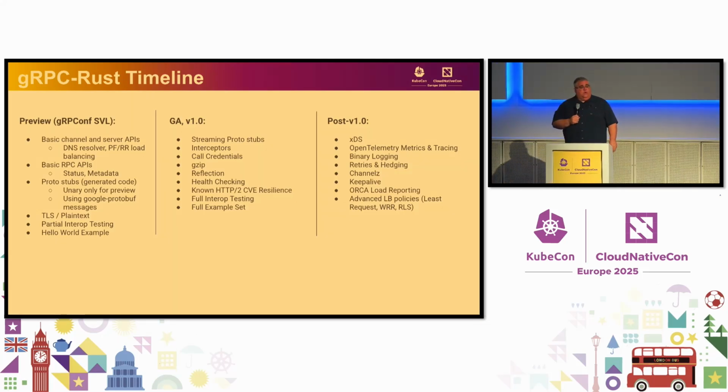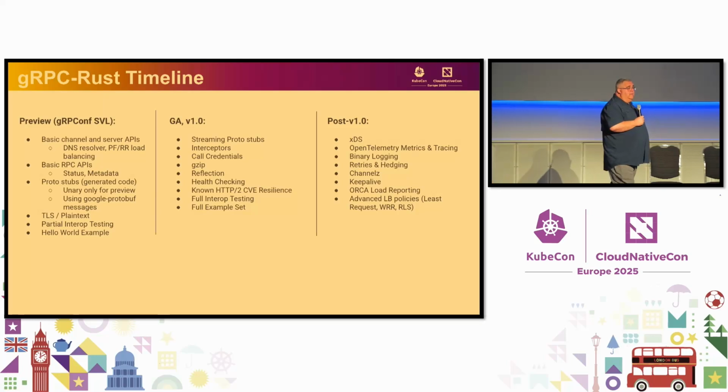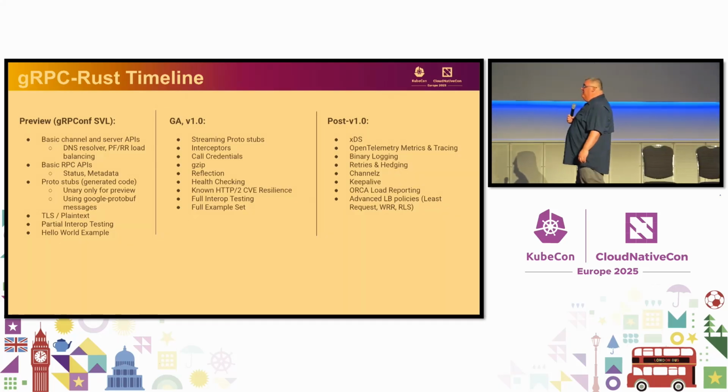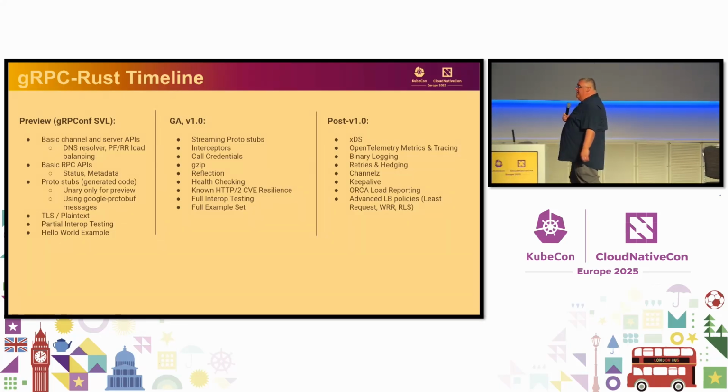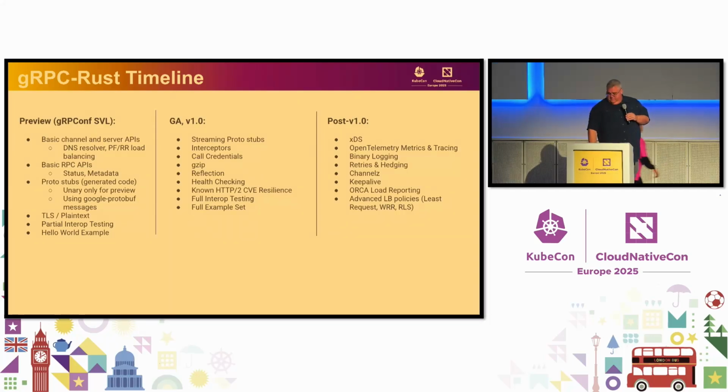And one of the things that we're hoping to do is at gRPC Conf, which is later in the year in August, we are hoping to release a preview release with a bunch of the features that you can see there. And so this will be sort of a pre-alpha preview, and hopefully with hands-on code labs at gRPC Conf. And then you can see the rest of the feature rollout to the right.